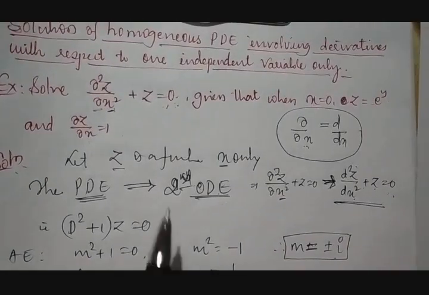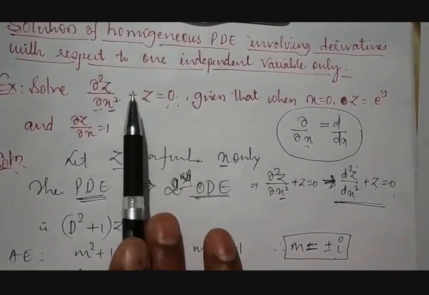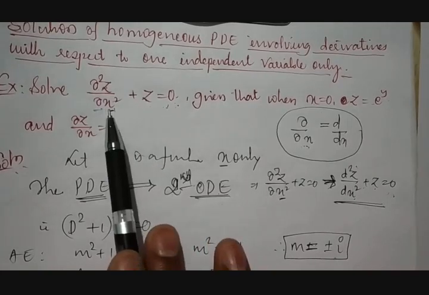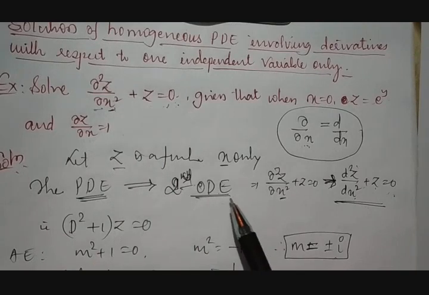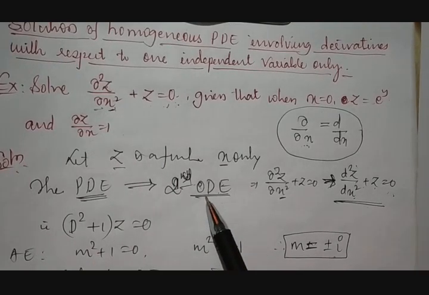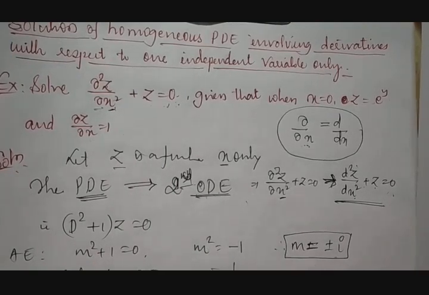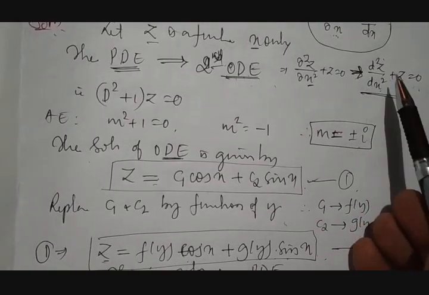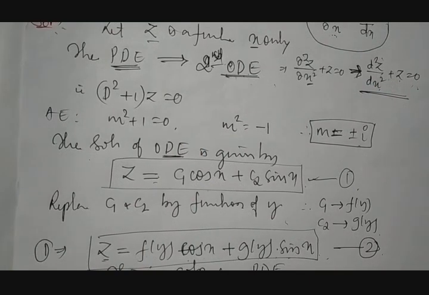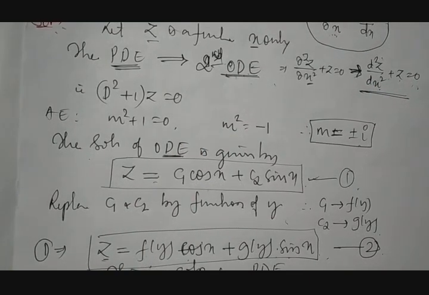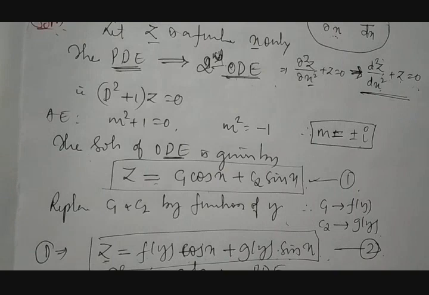I'll repeat: given a partial differential equation, after having a single variable, that will be assumed as an ordinary differential equation. Initially we start with the ordinary differential equation, then we get a solution, but that will be the solution for the ordinary differential equation, and we need a solution for the partial differential equation.